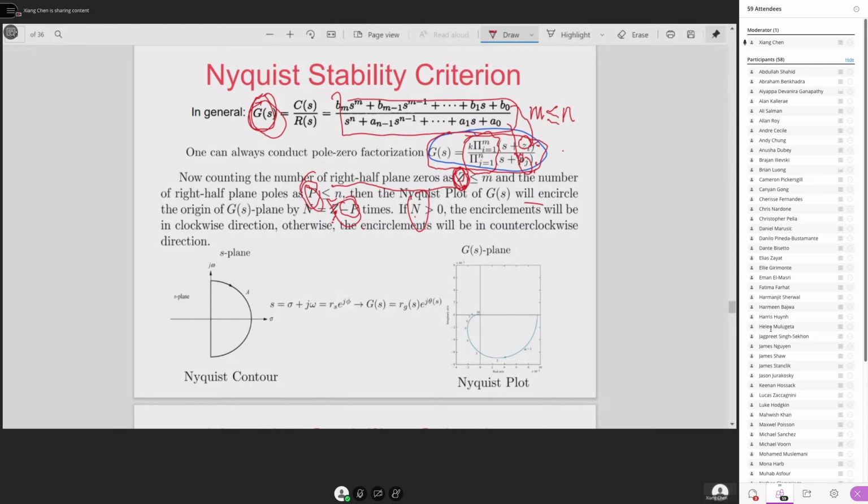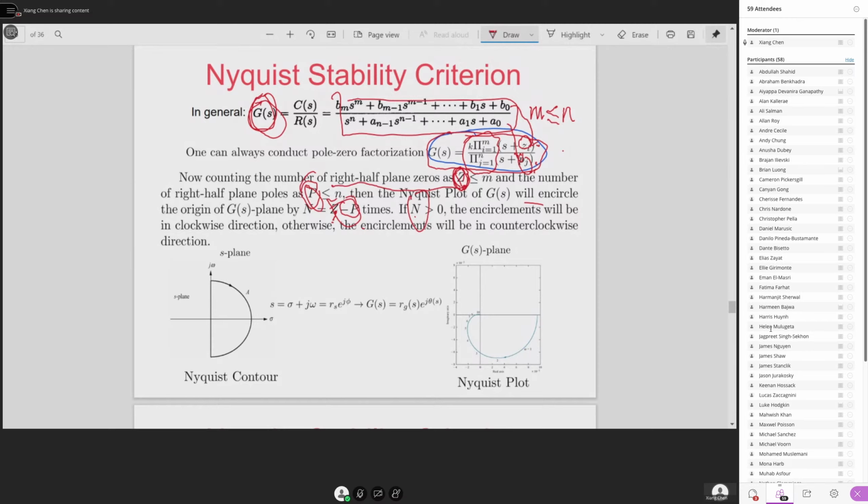Okay, and if Z is equal to P, that is possible. That means you have an equal number of right half plane zeros and poles. Then you don't see any net encirclement around the origin.